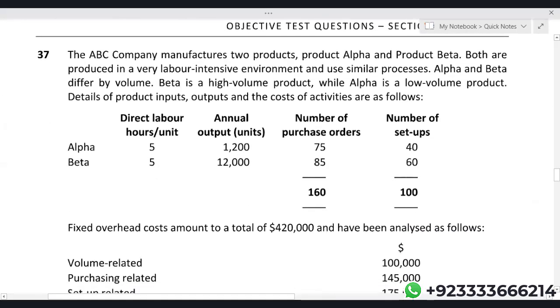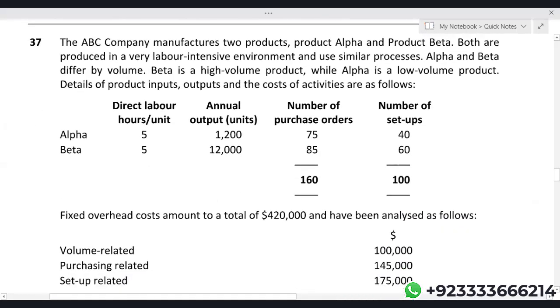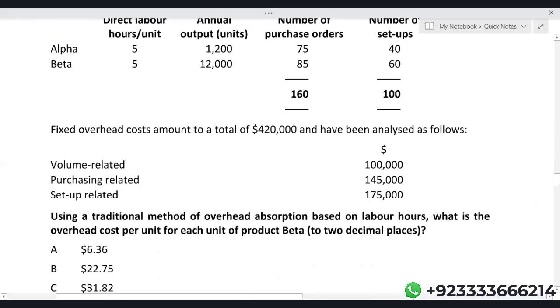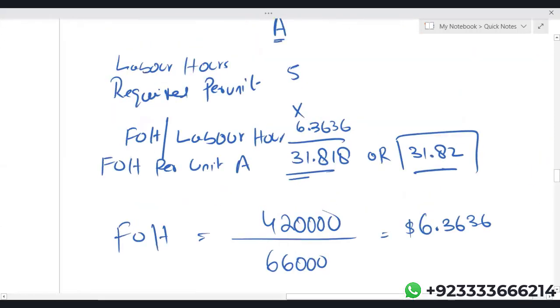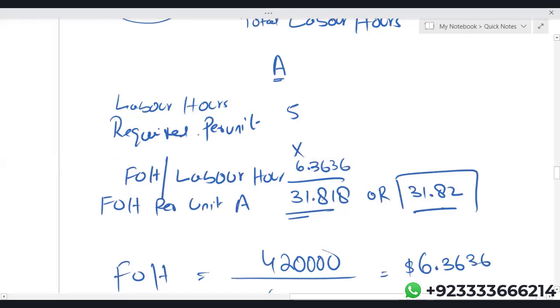Now, using the traditional method of overhead absorption based on labor hours, what is the overhead cost per unit for each product? Now this time, beta. Obviously, how do we calculate? Labor hours required per unit multiplied by FOH rate per labor hour. Actually, product B also needs 5 hours into 6.3636.